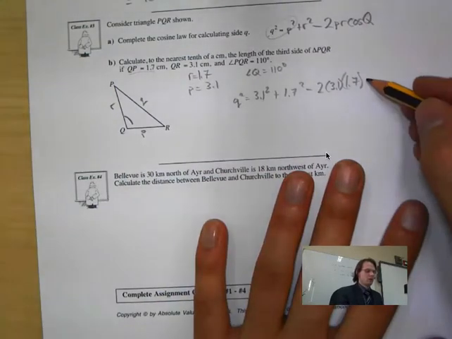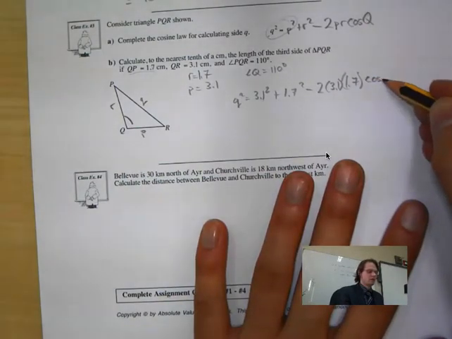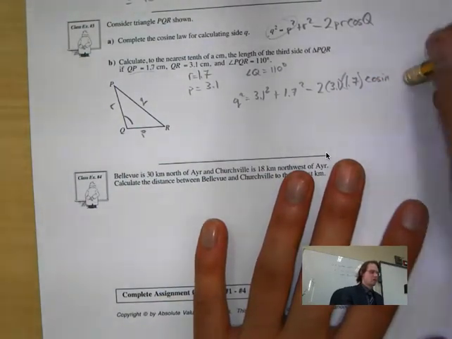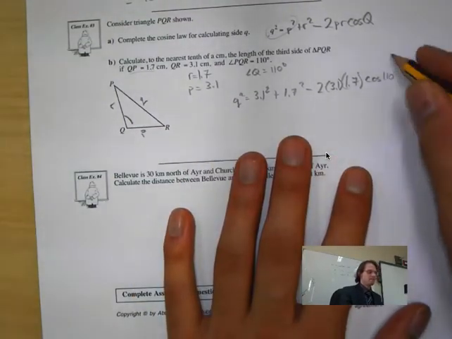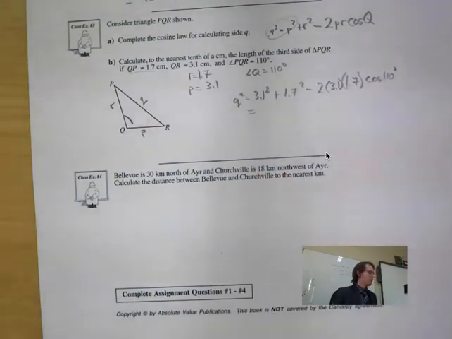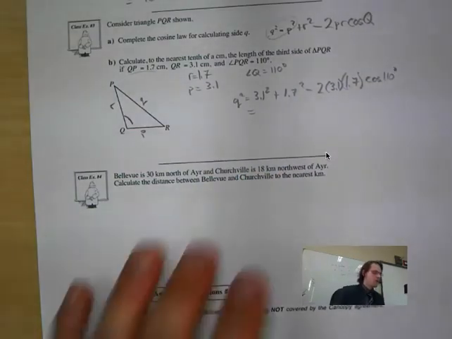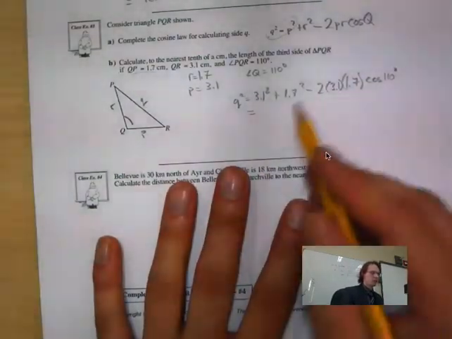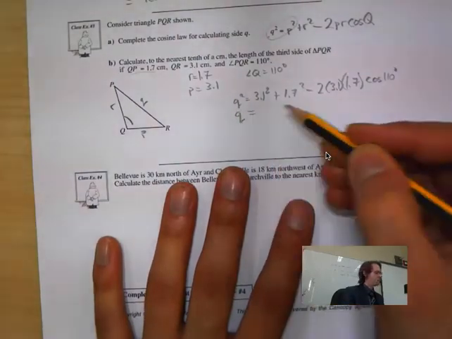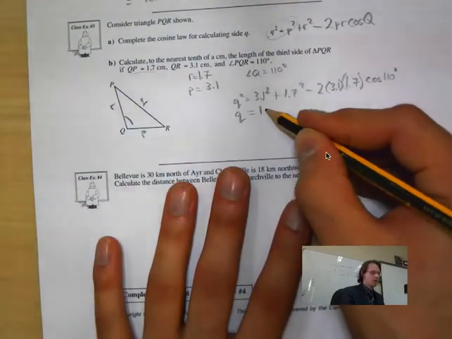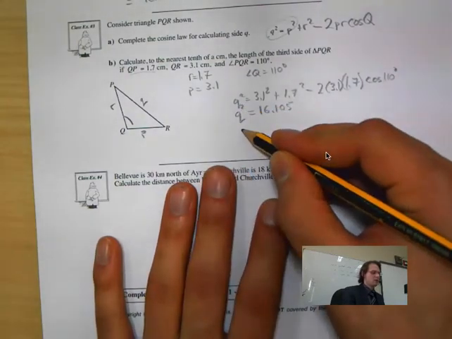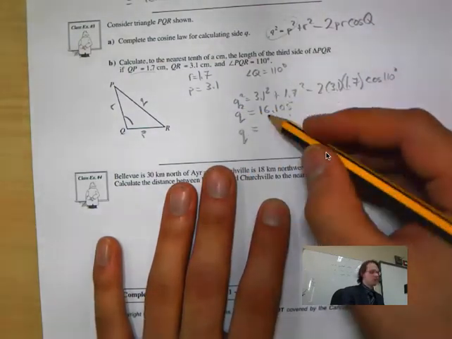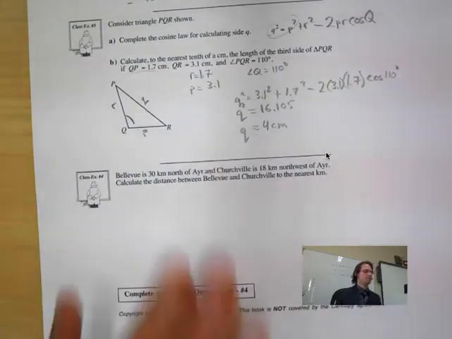And that's going to be cosine of 110. So, if we calculate all of this together, I want to get Q squared is equal to 16.105. That means Q is equal to 4 centimeters. Okay?